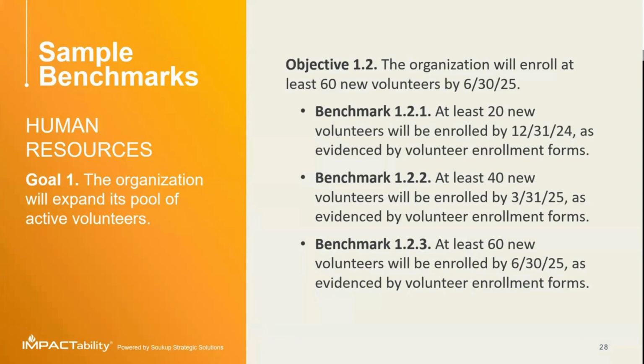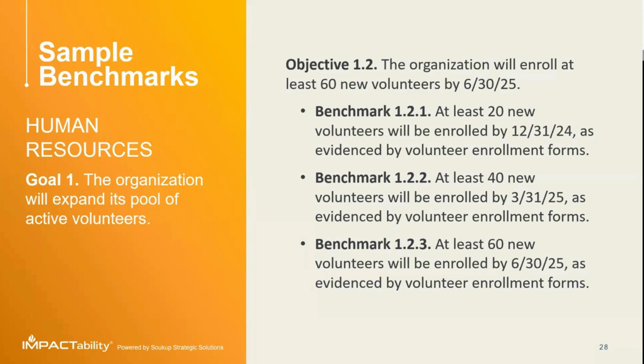Here would be an example. Going back to the human resource goal, the organization will expand its pool of active volunteers. And the objective that I just shared with you, as an example: the organization will enroll at least 60 new volunteers by June 30th, 2025. The first benchmark is at least 20 new volunteers will be enrolled by December 31st, 2024, and we put here how we know this, as evidenced by volunteer enrollment forms.